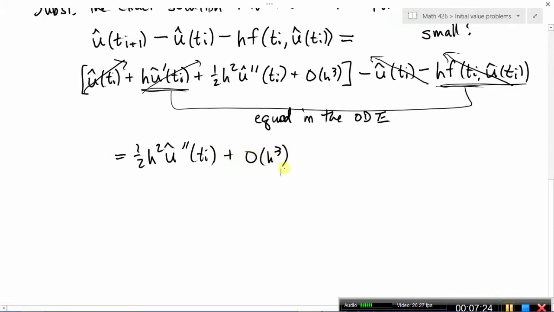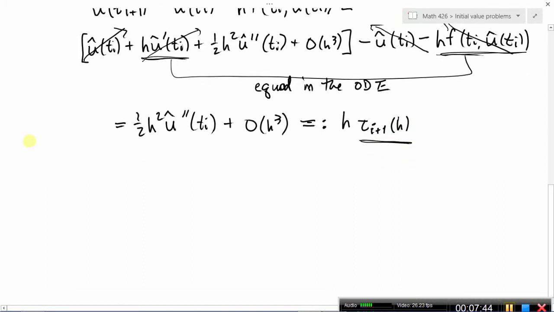And now we're going to use this to define a quantity called tau i plus 1. And you notice that we factored an h out in front. We'll explain that in just a minute. But this quantity here is called local truncation error.